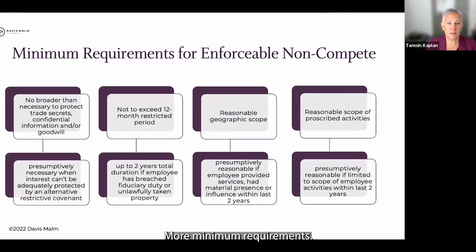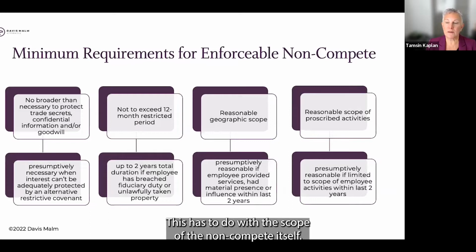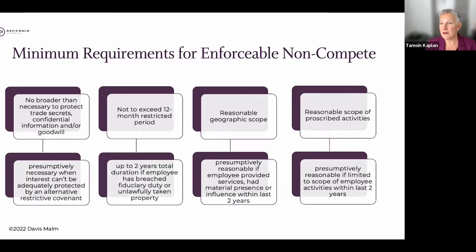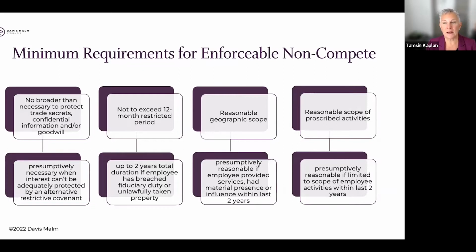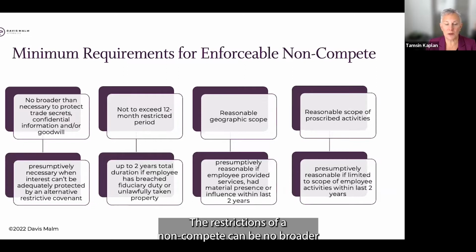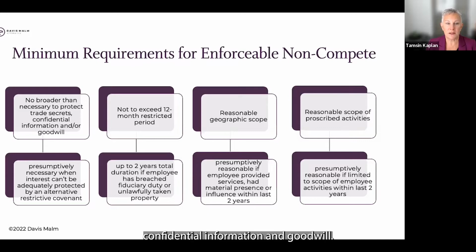More minimum requirements. This has to do with the scope of the non-compete itself. This is very important. These are some aspects that have been baked into the Act that were prior law in Massachusetts under common law, court-made law. The restrictions of the non-compete can be no broader than necessary to protect the employer's trade secrets, confidential information, and goodwill.